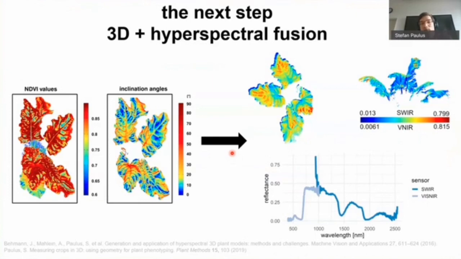And this means somehow we have to combine the 3D information of our plant, the sugar beet, and the hyperspectral image, so that we can correct for this inclination influence, so that in the end we have a 3D point cloud of our plant, where I can extract the spectrum at each point. And this was done here for a sugar beet in the laboratory. So this is the next and the further step, which I would say is cutting edge at the moment.